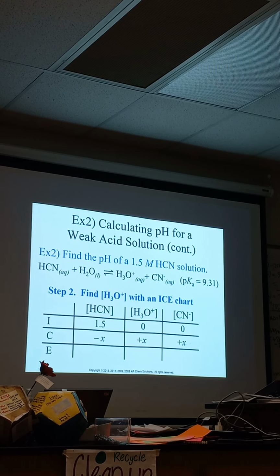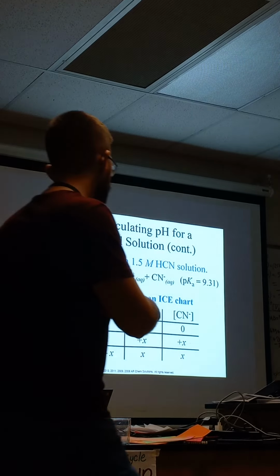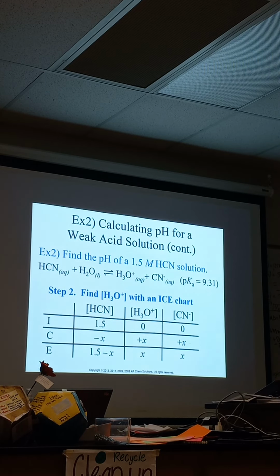Okay, and then minus x, plus x, plus x. Guys, what do we do? Do we need to worry about this x? No, because the Ka was less than 10 to the negative 4, right? It's 10 to the negative 10. Okay. And just let me know, guys, if you need a second to write. Yes, okay, please. No problemo.